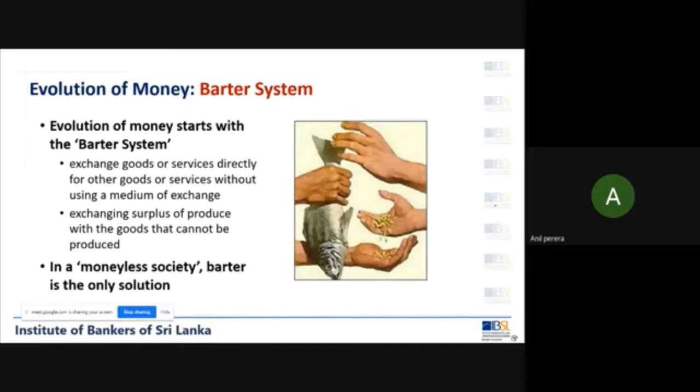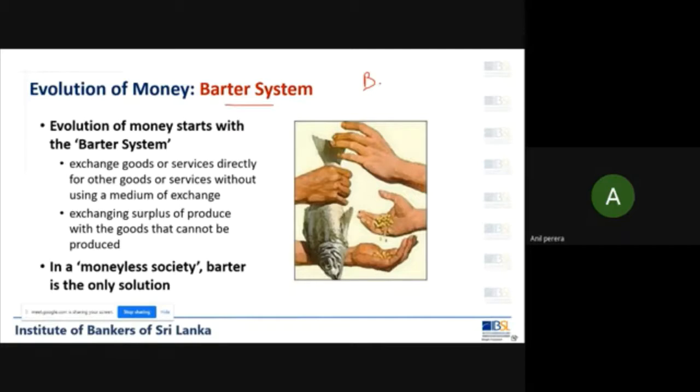Barter means simply the exchange. What are you exchanging? You exchange goods or services directly for other goods and services without using a medium of exchange. Now, if you look at this picture, you will see a person is giving fish to someone and getting back grain from someone.